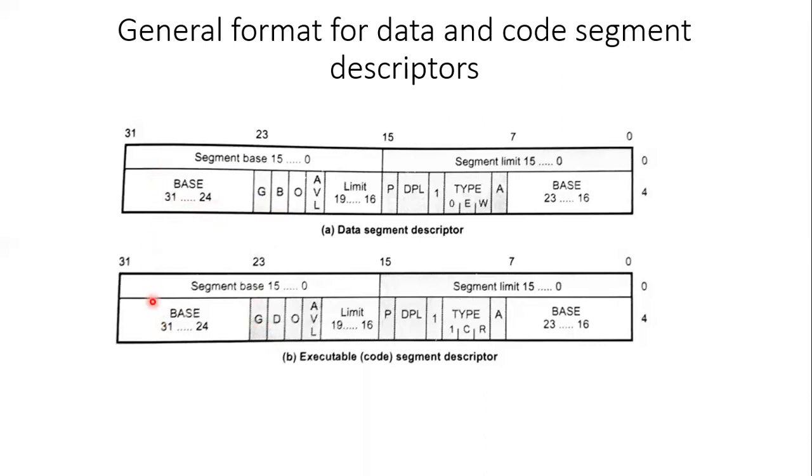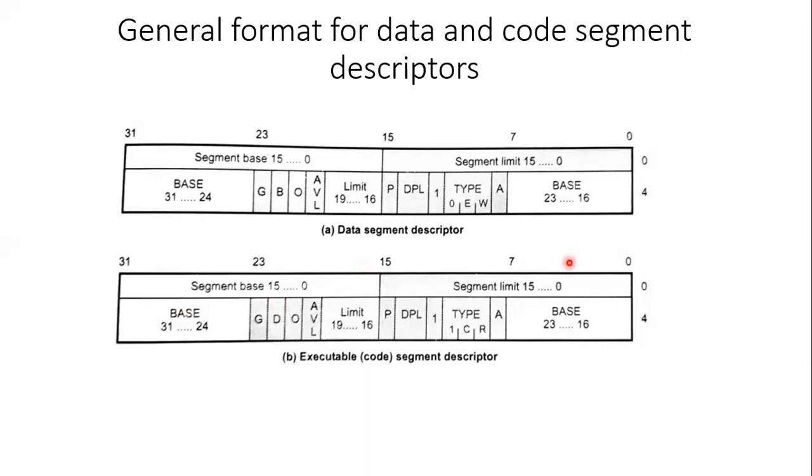So what is the difference, students, over here? A very simple way to understand: a 32-bit segment descriptor is there. One is data, one is code, and the type fields are different. In the first 16 bits, the type field is different, and in the remaining 16 bits, the B and D fields are different.